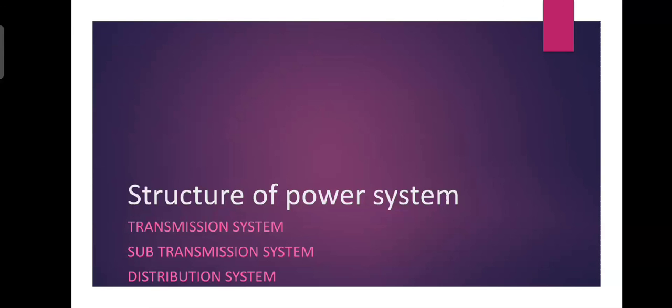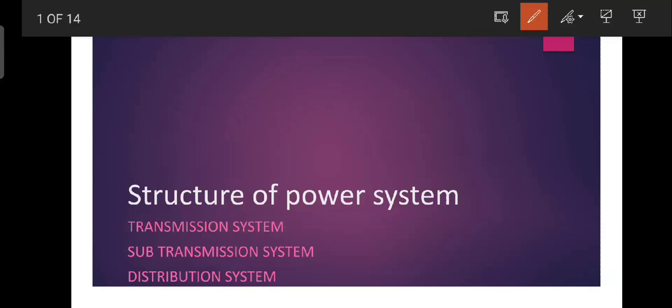So the generating station and distribution system are connected through a transmission line, and normally a transmission line implies bulk power transmission by a high voltage line between main load centers.